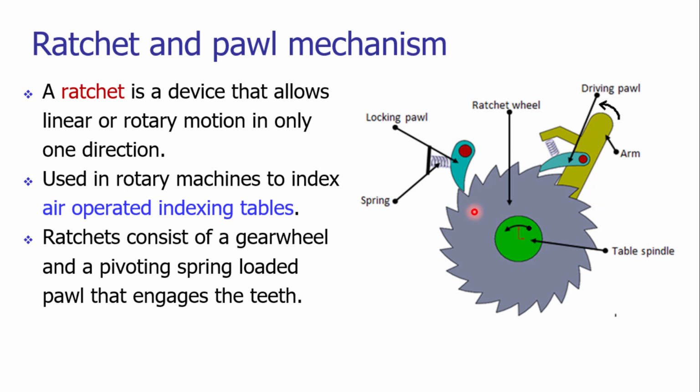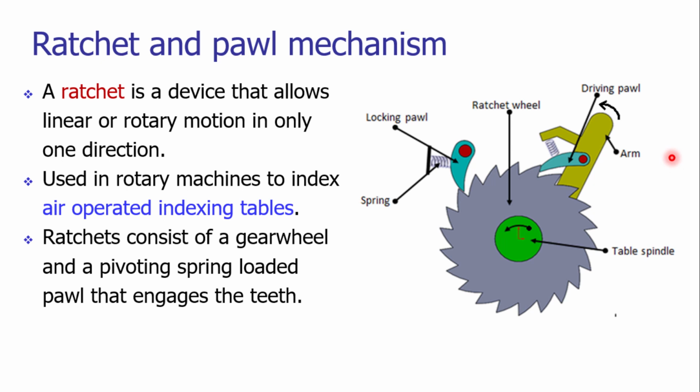To restrict the opposite direction motion, that is the clockwise direction motion, we are using a locking pawl. Locking pawl arrangement can be seen on your screen. It is a spring loaded locking pawl. The springs are used to have the continuous engagement of the pawl with the teeth of the ratchet wheel.